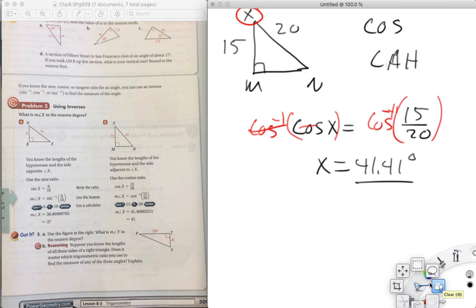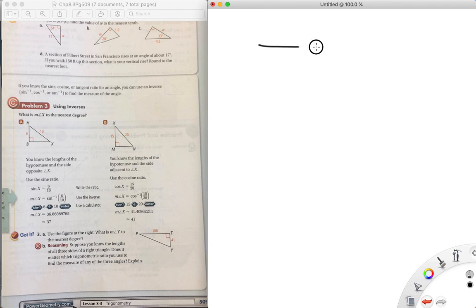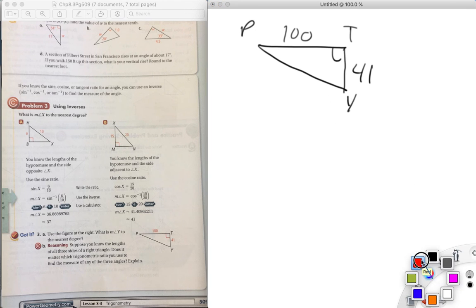So for this last one, we have a right triangle, we have 100 over here, we have T, we have P, we have Y, and we have 41. We want to know what angle Y is. Alright, well, what do we have in relation to angle Y?